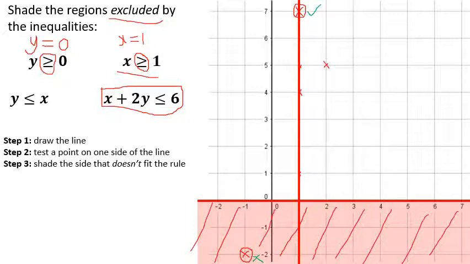If we consider that point, the x-coordinate is 2, 2 is greater than 1. So that satisfies the inequality. That point is within the valid region. But if we pick a different point, for instance, the point (-1, 6), we can see that that point does not satisfy the rule. So we're going to shade out whatever's to the left of this line, and that leaves us with just the stuff to the right.